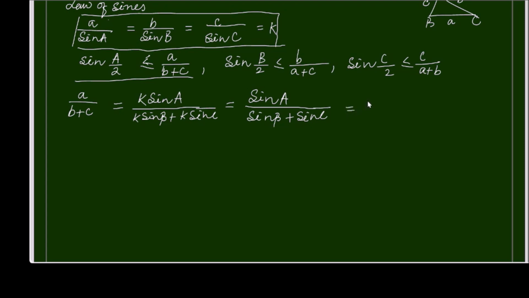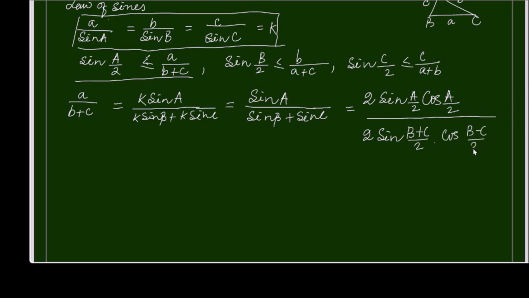Instead of sine A, I'll write 2 sine half A cos half A. And for the denominator, I'll apply the sum to product formula. So this will be 2 sine of (B plus C) by 2 multiplied by cos of (B minus C) by 2.